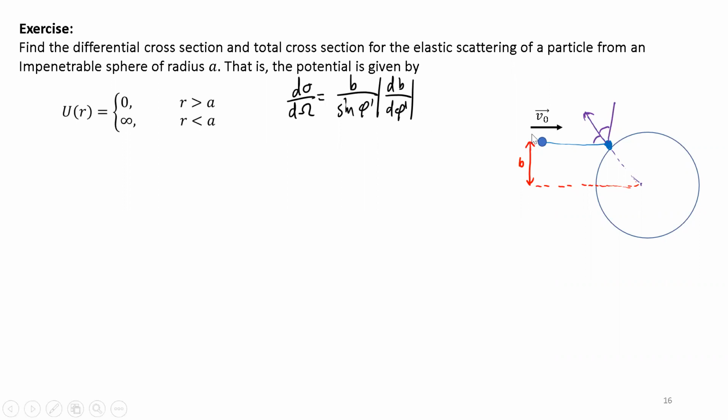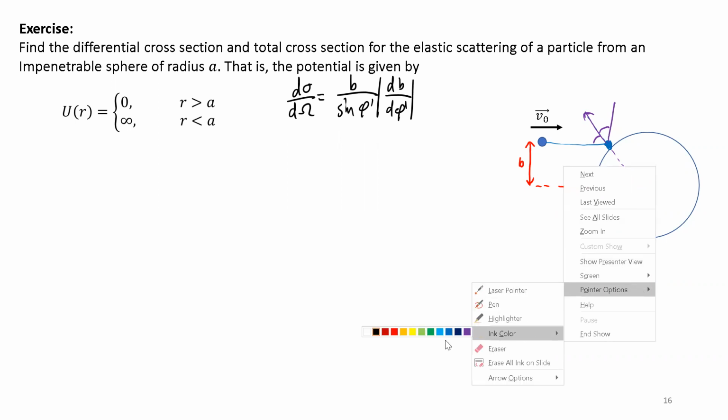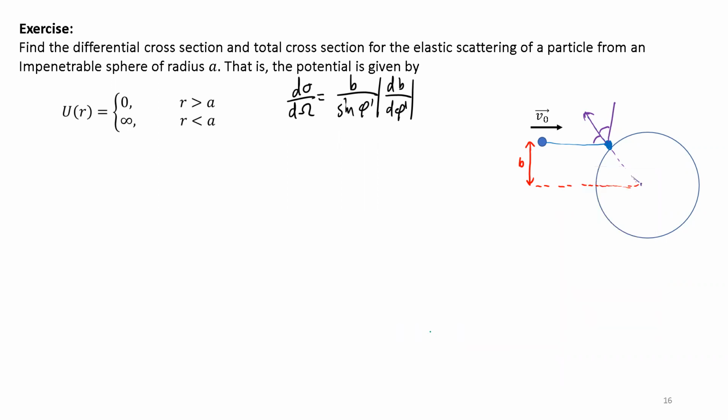Okay, so in this case, where is the scattering angle? The scattering angle is over here. But again, the green one is phi prime. And this is the impact parameter.